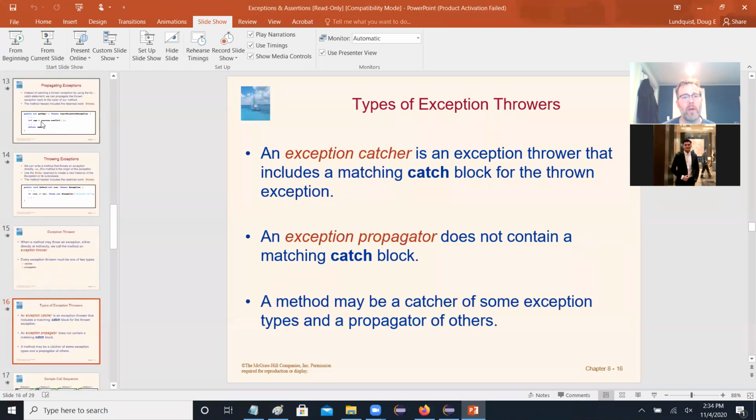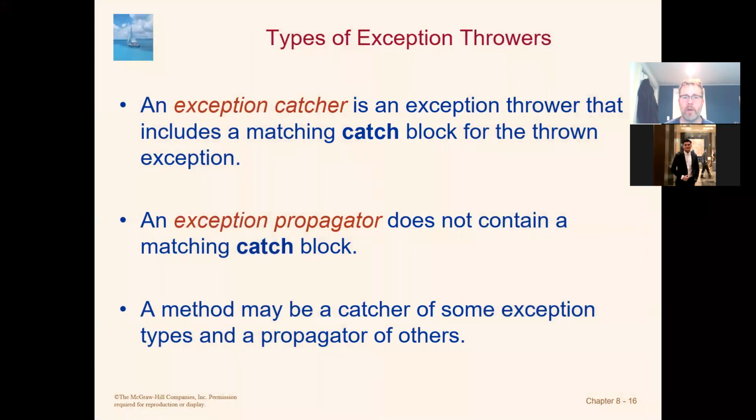All right, so an exception catcher is one that's going to handle it, and the way it handles it, it has the catch block for it. A propagator is one that's not going to handle it locally, and it will not have a catch block for that exception type. And you can always have a method catch some of the exception types, but not all of them. So it says here, a method may be a catcher of some exception types and a propagator of others.